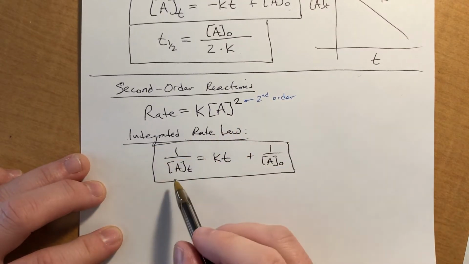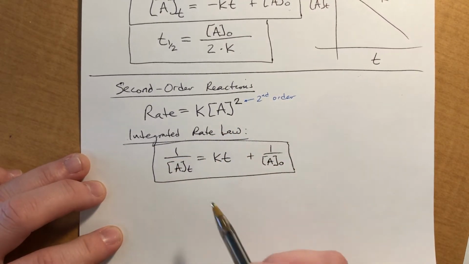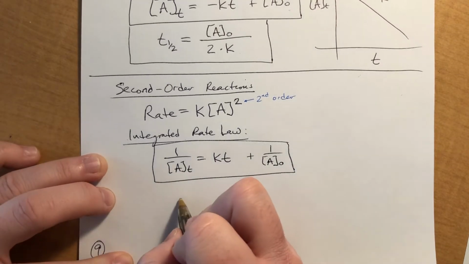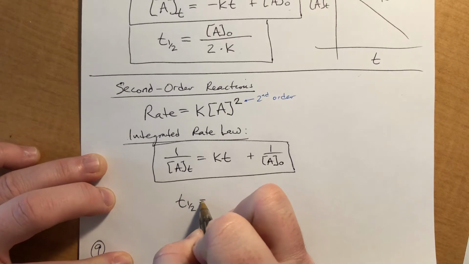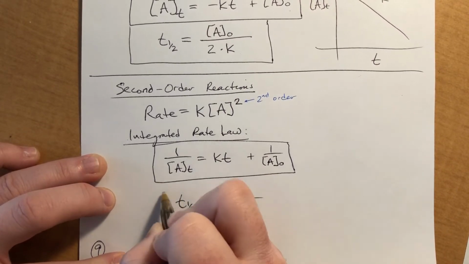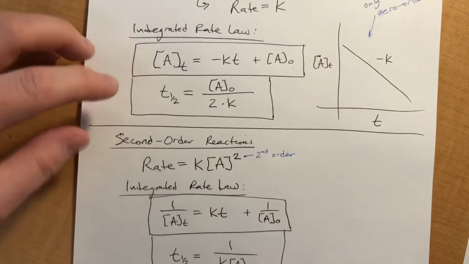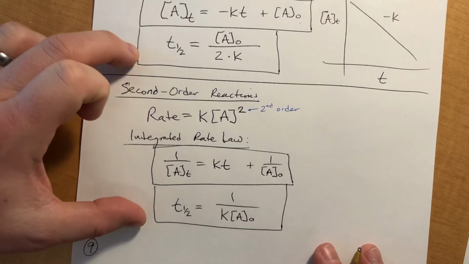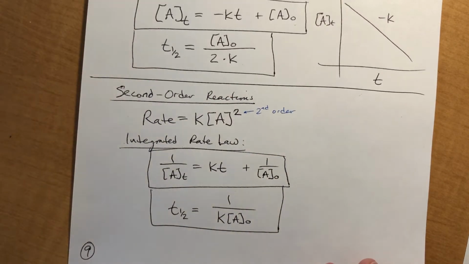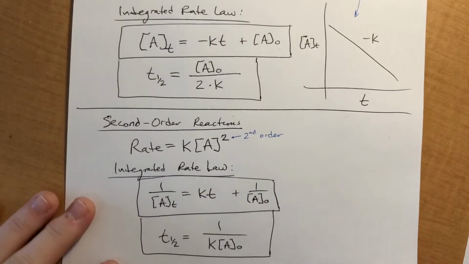So there's no natural logs, but we do have this inverse thing going on, which has its own complications. The half-life equation for this equals 1 over k, with A sub 0 on the bottom. So each of these reactions has its own unique half-life equation. You need to know whether it's zero order, first order, or second order to know which set of equations to use.